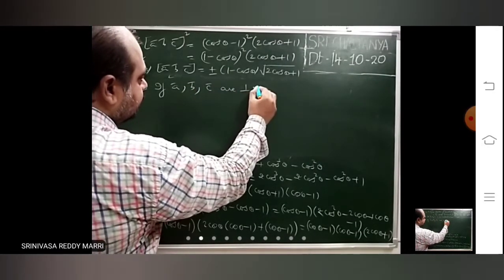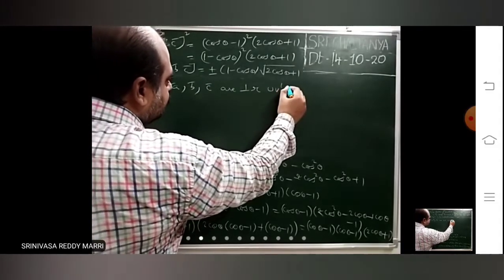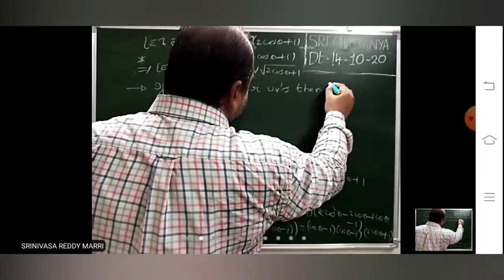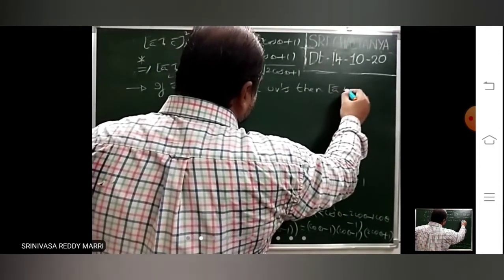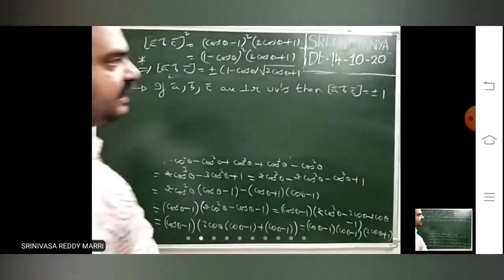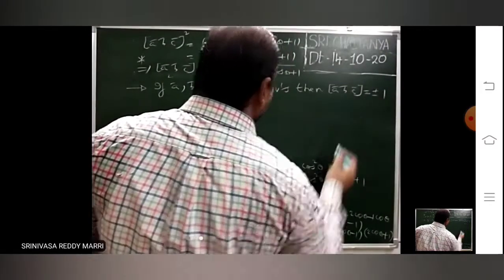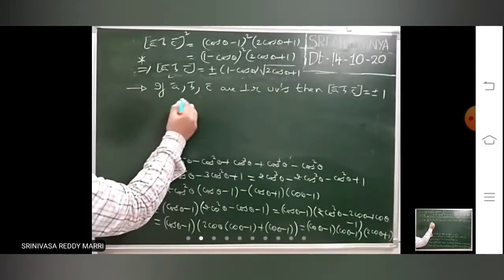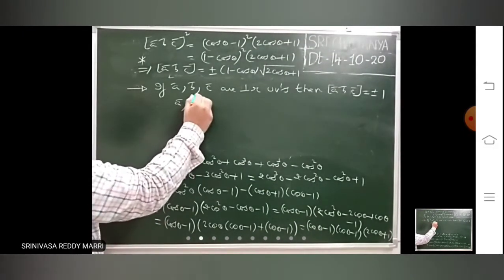Perpendicular unit vectors, then plus or minus 1. Perpendicular unit vectors, that means unit vectors are given. Perpendicular means what?